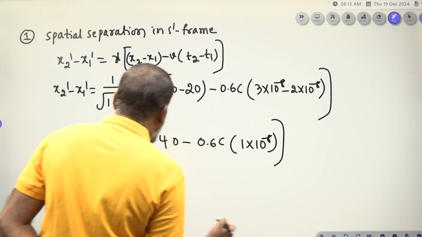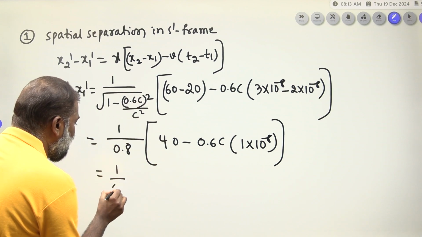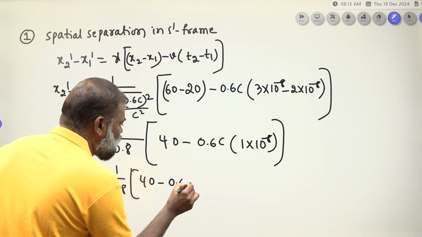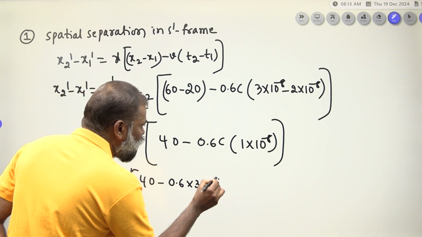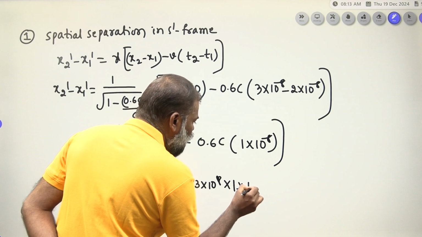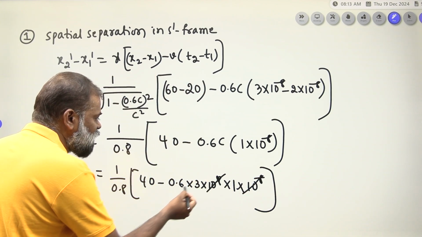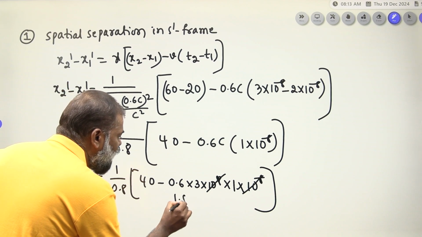Therefore, 1 by 0.8 into 40 minus 0.6 c is equal to 3 into 10 to the power of 8 into 1 into 10 to the power of minus 8. The 10 to the power of plus 8 and minus 8 get cancelled, so 1.8 will come.